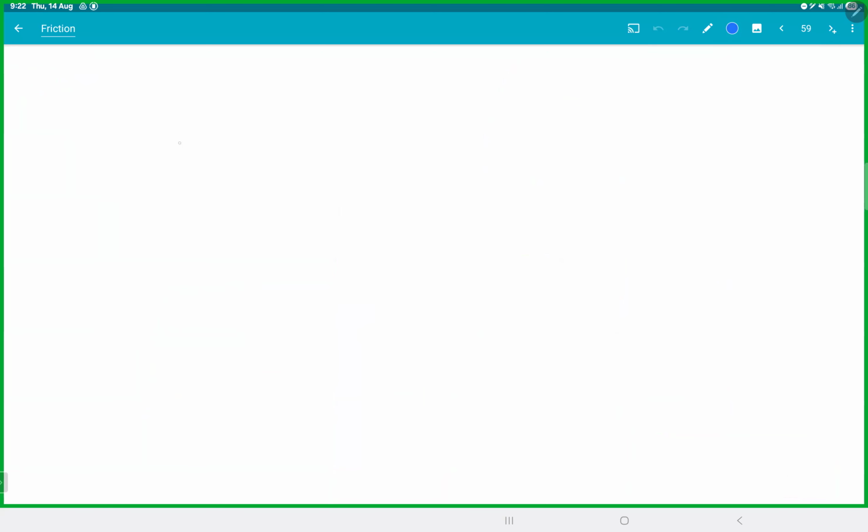So let me write a general result. Suppose you have a thing like this, you need not have every time a semicircle only. The rope can be anyway. So let's say the rope is like this, making an angle theta.